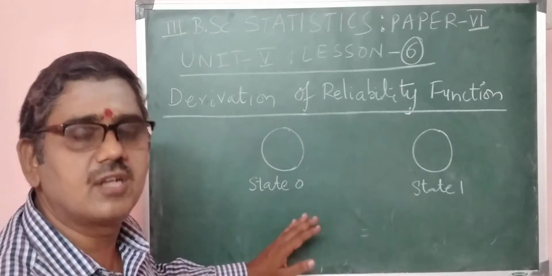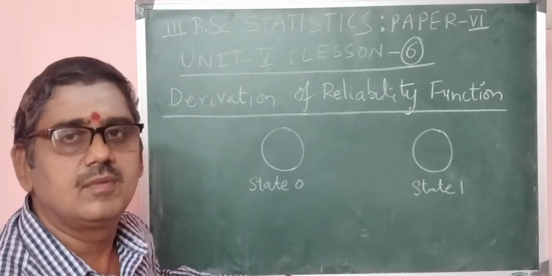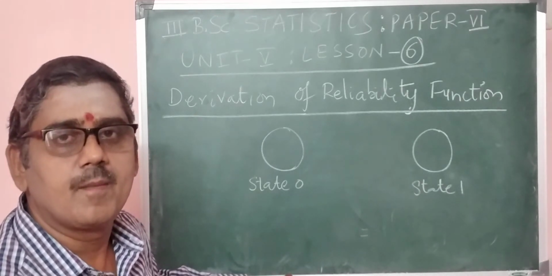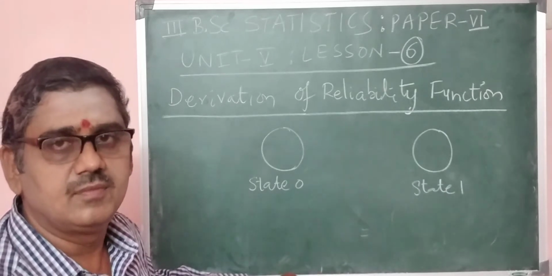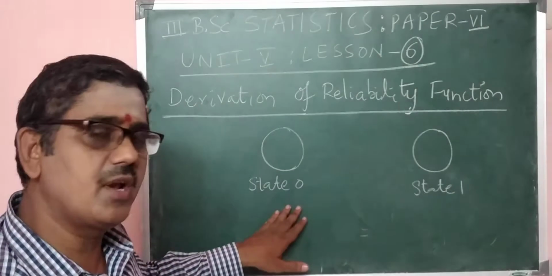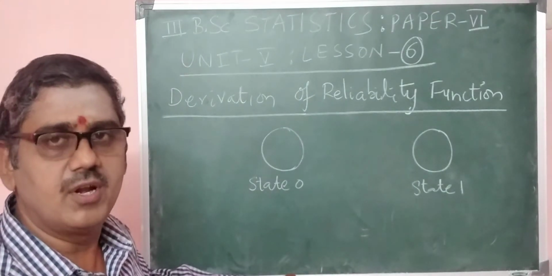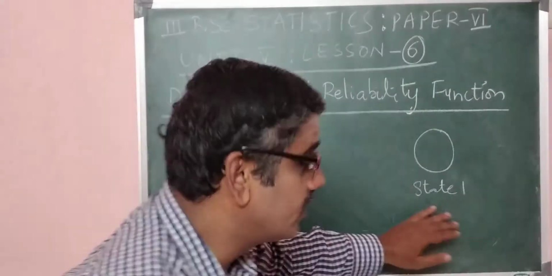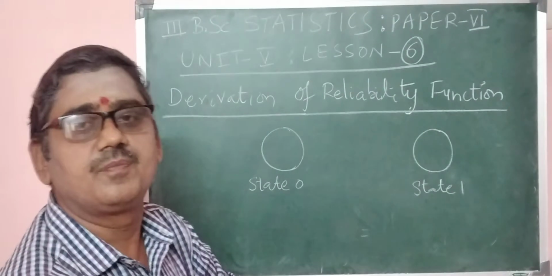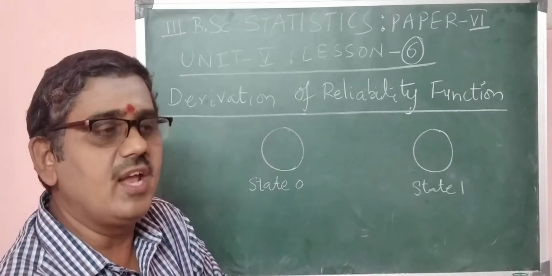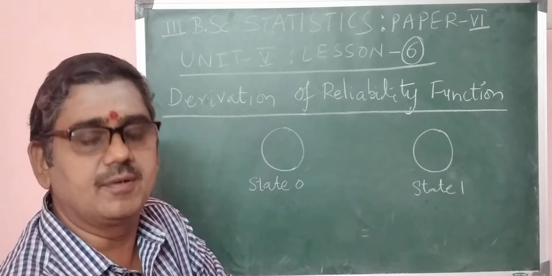The working condition of item is good. It is working. It is survived. That is called state 0. Component is not failed. State 1, the component is failed. Component fails in that particular state.